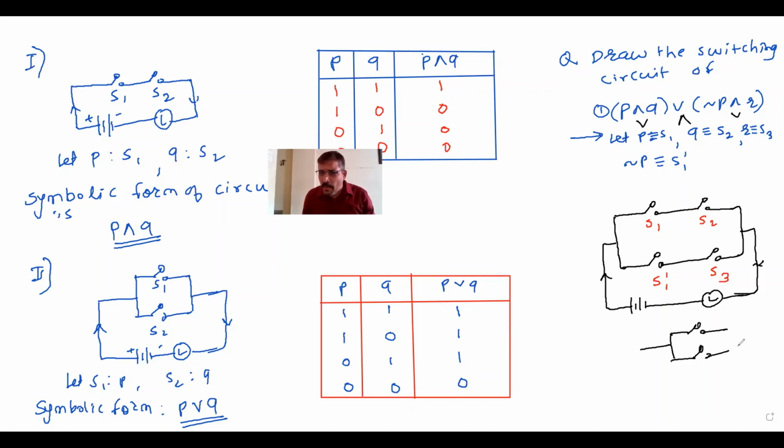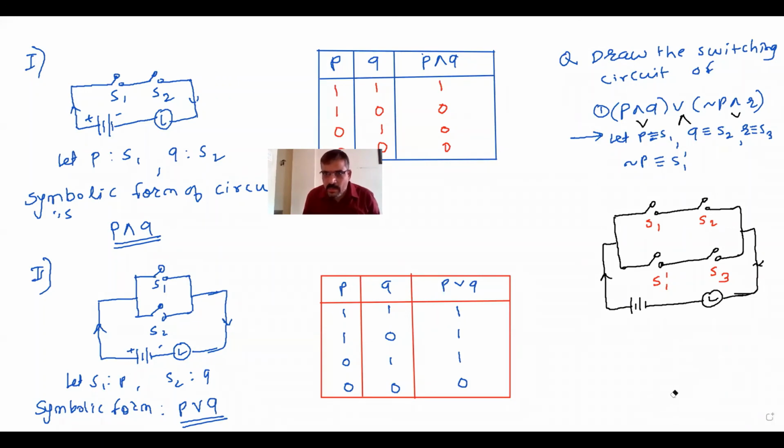This is the first part. If OR is given instead of AND, this is S1 and this is S2. Again, the lower part, you have to connect in series like this. Second part. Okay, this is completed. And this is the bulb and this is the source of electricity.